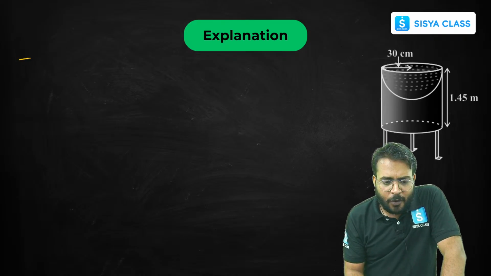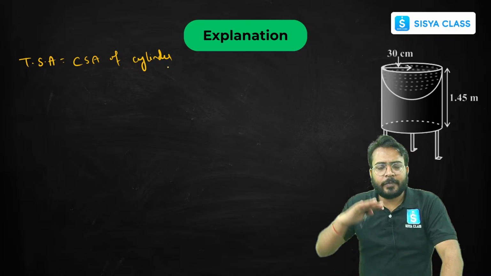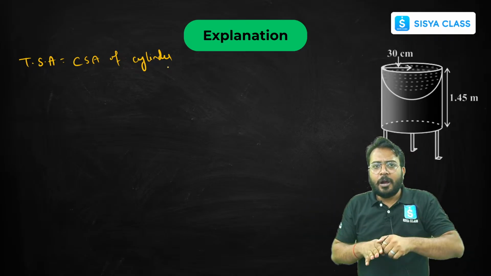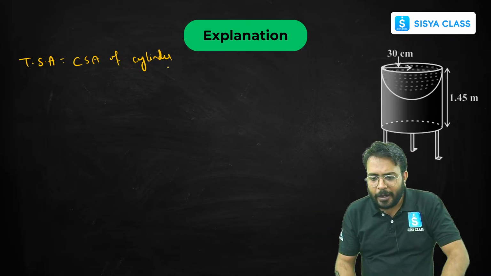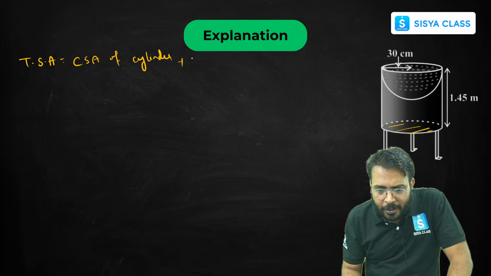Total surface area of the bird bath will be, beta, the curved surface area of the cylinder. Can you imagine it? Curved surface area of your cylinder plus the area of your base, yes or no? The area of this base, plus the base area of the cylinder, okay.